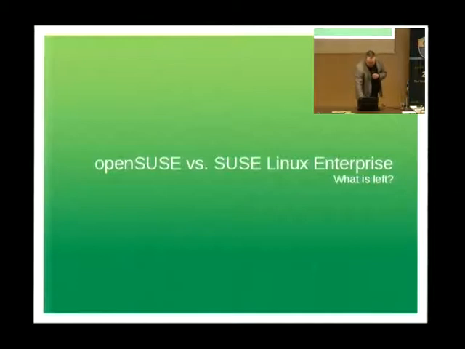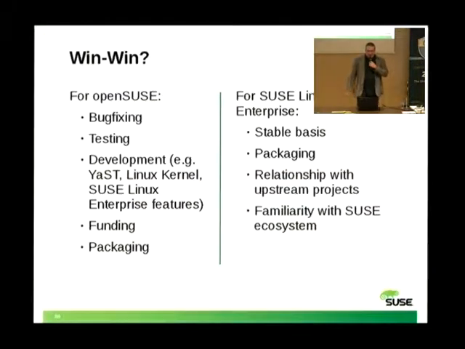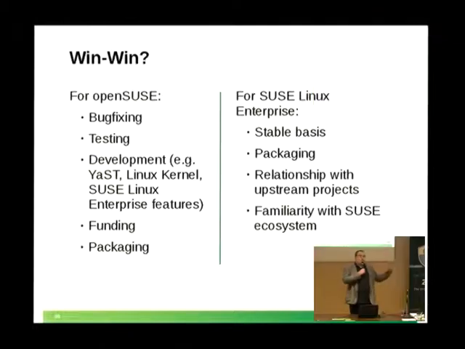So after the differences, what is left, and I think I covered almost anything of that list already for openSUSE. There is bug fixing, also additional testing that openSUSE receives from SUSE Linux Enterprise, and development of specific things that we are doing as SUSE as a company in openSUSE.